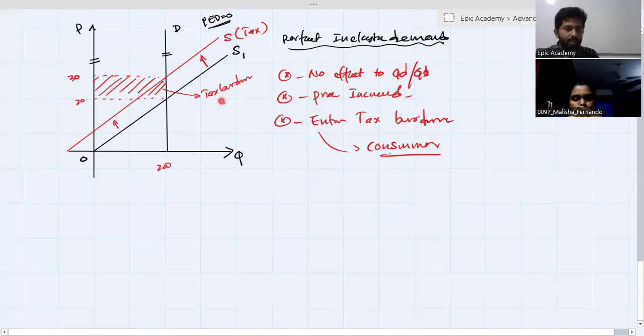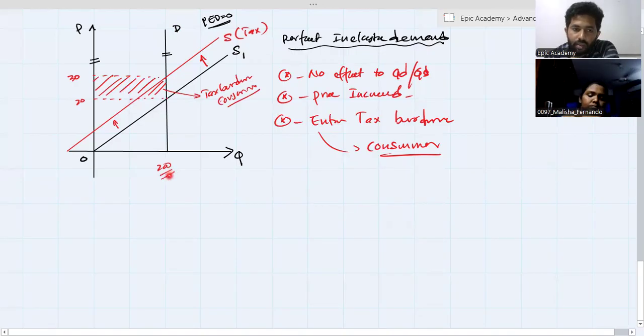How can you identify this? Just identify this is the demand. And they are already purchasing 200, purchasing 200 at the price of 20 rupees.